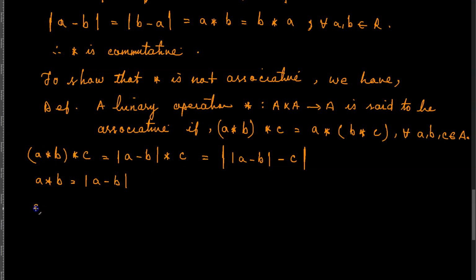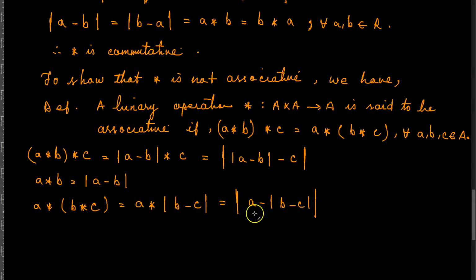Now if you calculate a star (b star c), that's going to give you a star the absolute value of b minus c, and that is going to be equal to the absolute value of a minus the absolute value of b minus c, and the absolute value of the whole thing.